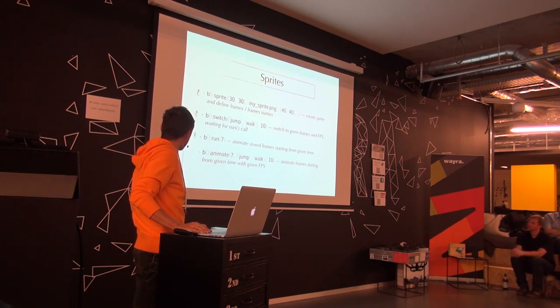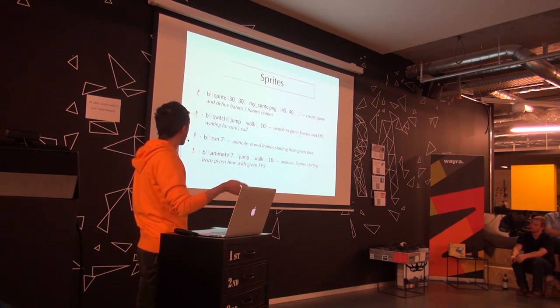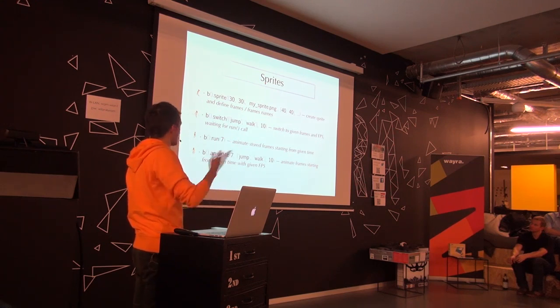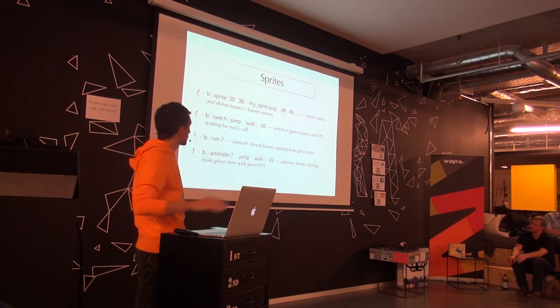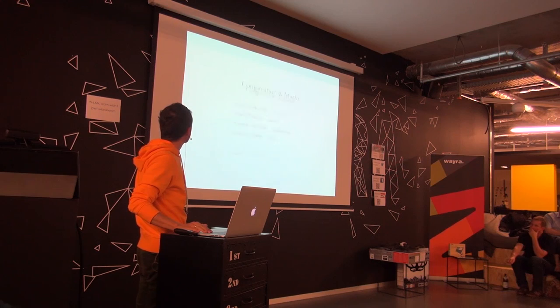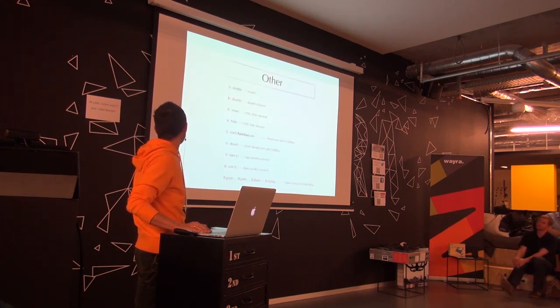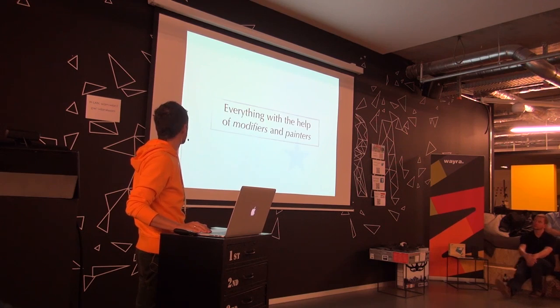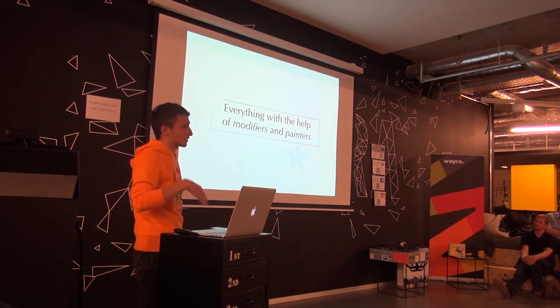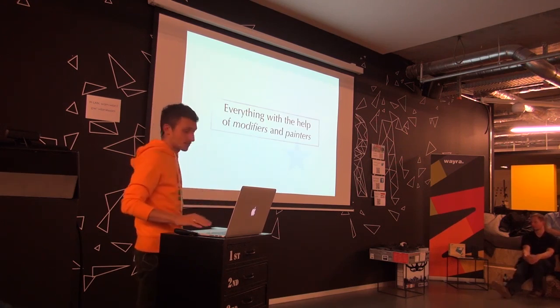We support sprites in different ways, so you can preload them and then run animation, or you can just load them and run. Compositions and masks and other cool stuff. And this is everything on the engine of modifiers and painters.